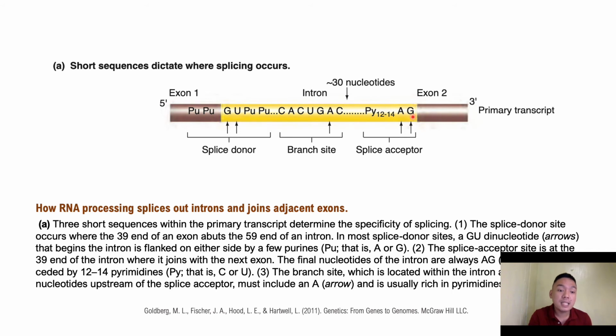It will be preceded by 12 to 14 pyrimidines, either C or U. The third one is a branch site, which is located within the intron, upstream of the splice acceptor, and it must include an A; it is usually rich in pyrimidines. So this is your splice donor, branch site, and splice acceptor.